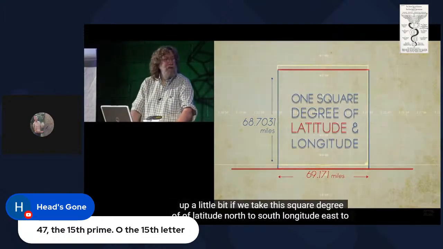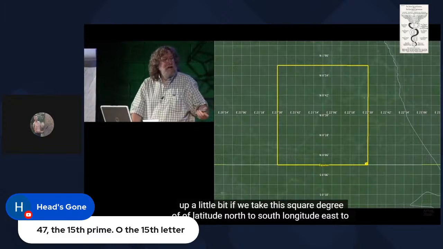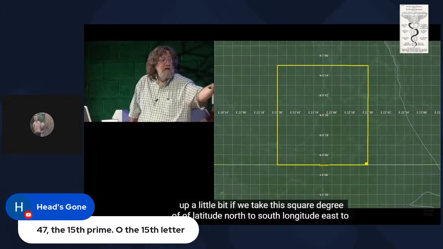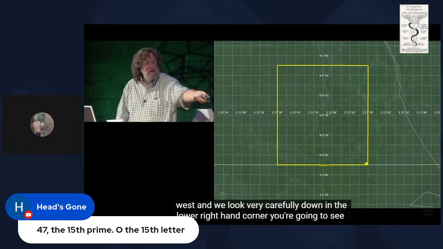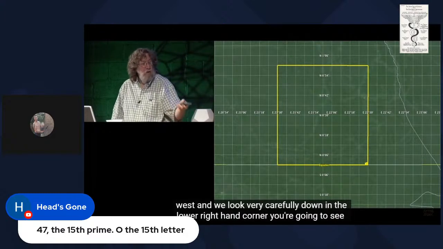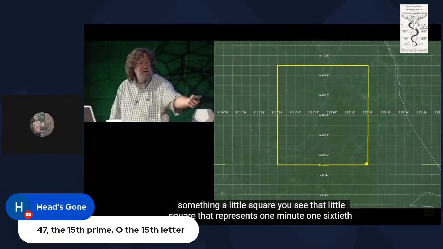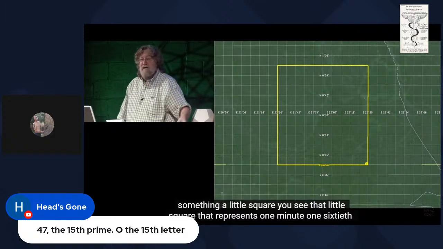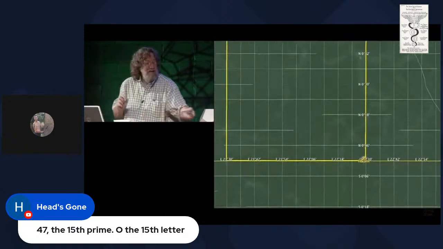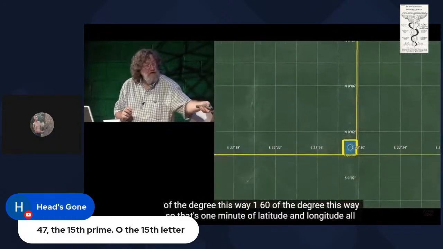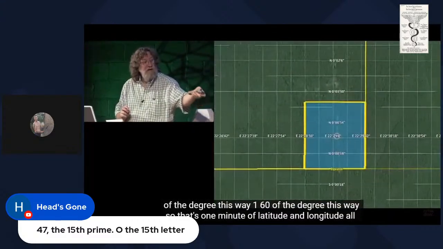Okay, so we're going to divide this up a little bit. If we take this square degree of latitude north to south, longitude east to west, and we look very carefully down in the lower right-hand corner, you're going to see a little square. You see that little square? That represents 1 minute, 1/60th of the degree this way, 1/60th of the degree this way.